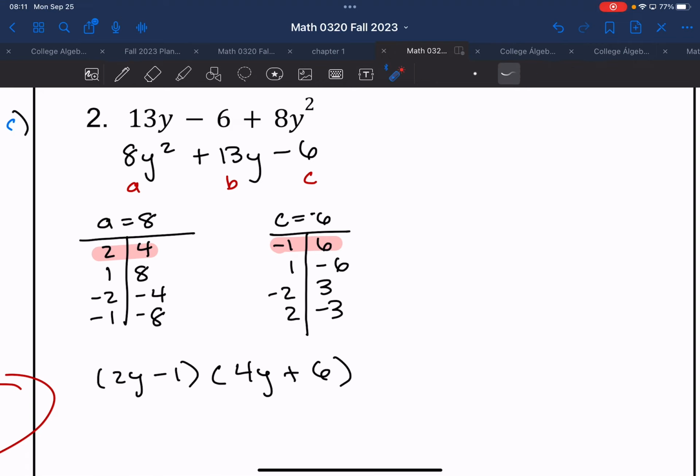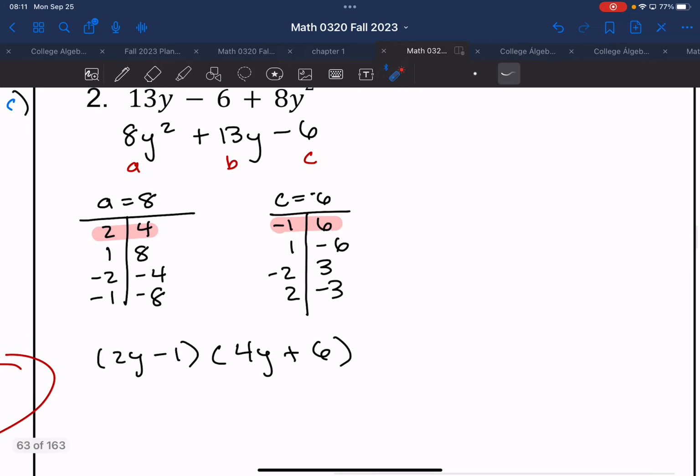So again, I'm taking one of these from here, and the other one's going to the next parentheses because those are my A values. And then my C values, one goes to one parenthesis, the other goes to the other parenthesis. And now in order to see if this is the correct answer, we're going to have to do what method? The FOIL method. Good.